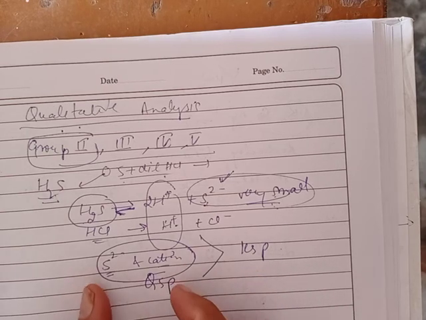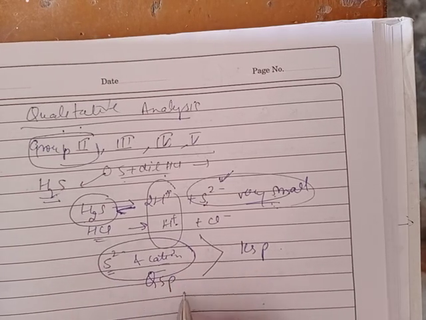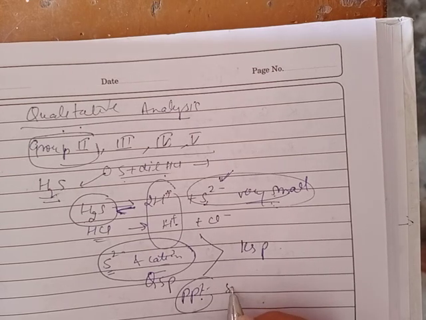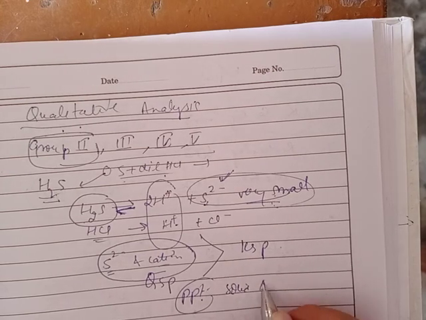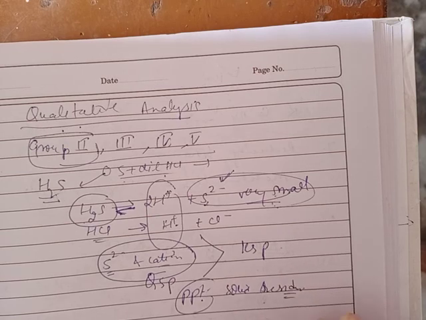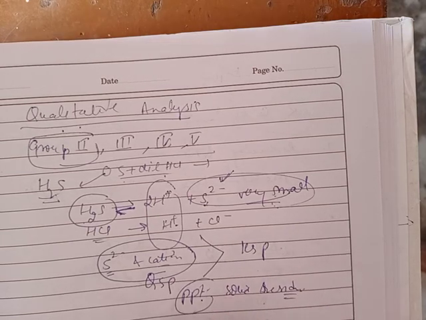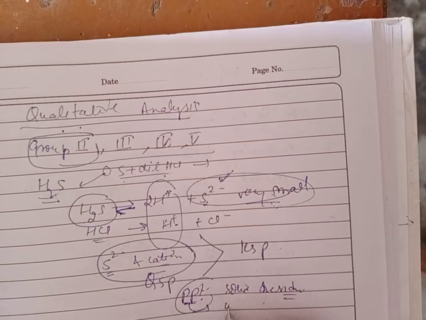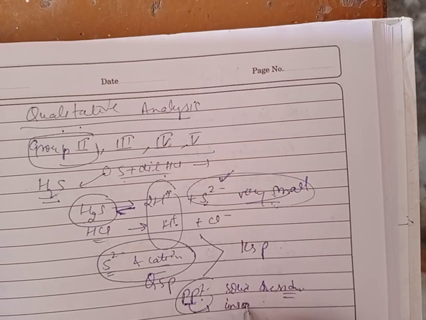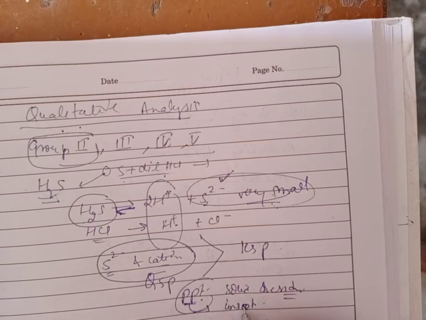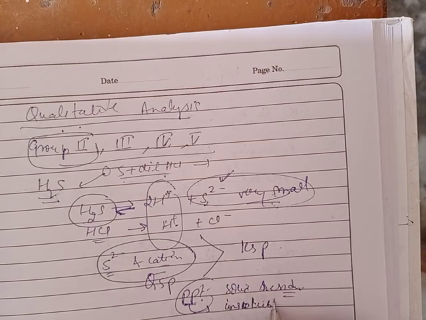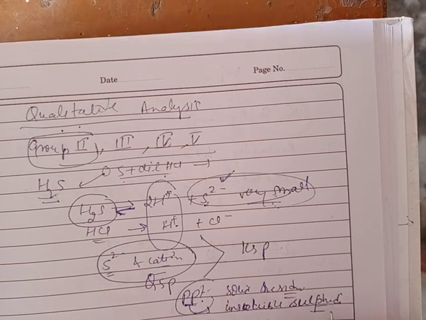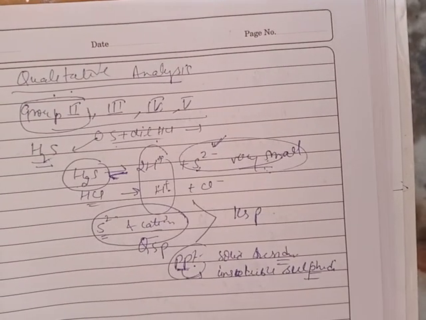So these two ions now combine together, resulting in formation of a precipitate, which will act as a solid residue or insoluble sulfide, and this precipitate belongs to the given unknown insoluble sulfide. In this way, we can identify whether the given compound consists of a cation of group second, third, fourth or fifth.